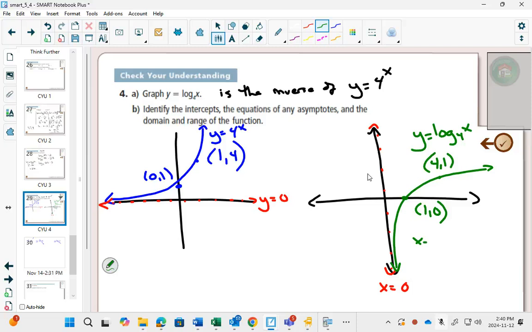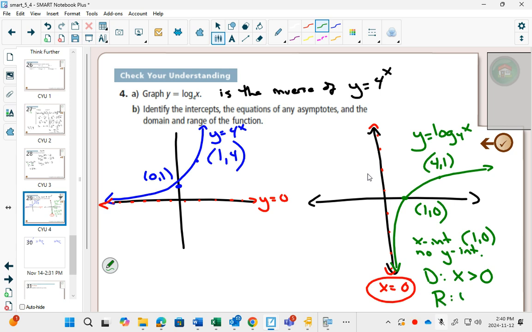Okay, it asks for some information. So it has an x-intercept at 1, 0. But because of that asymptote, there are no y-intercepts. Here's your asymptote at x equals 0. The domain, x is bigger than but not equal to 0, and your range is everything.